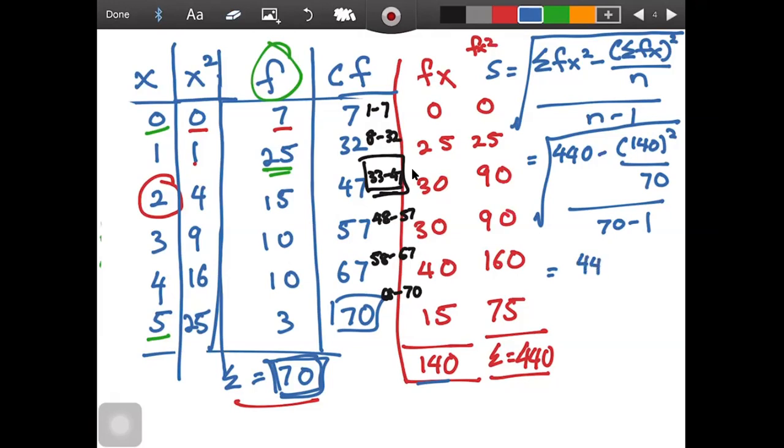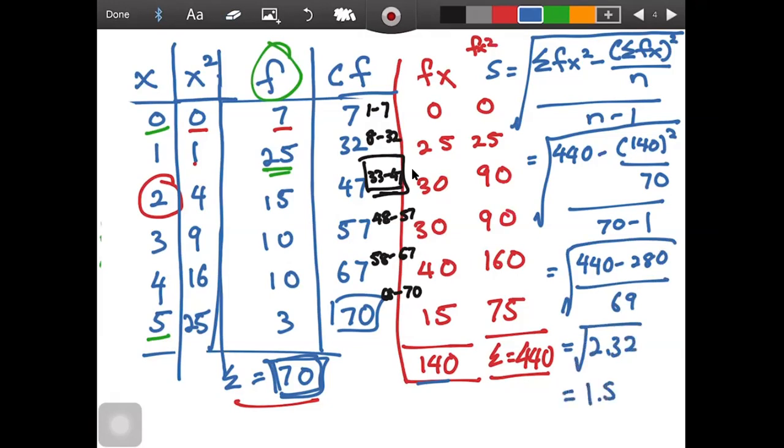So 440 minus 280 divided by 69. So 440 minus 280 is 160, divided by 69. So we get 2.32. Then you square root it, the answer will be 1.52.